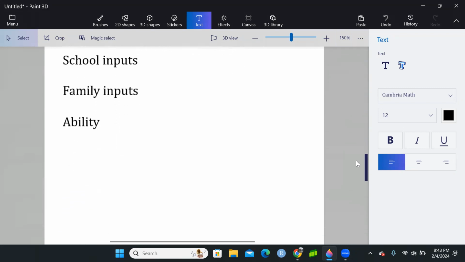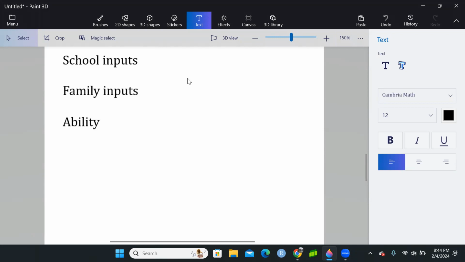You might include school inputs. So that might be something like the teacher to pupil ratio at a school. It might be something like faculty to pupil ratio at schools, different from teacher to pupil ratio.